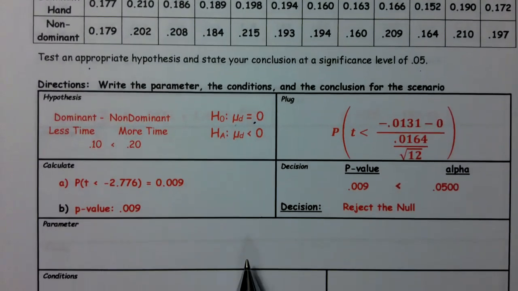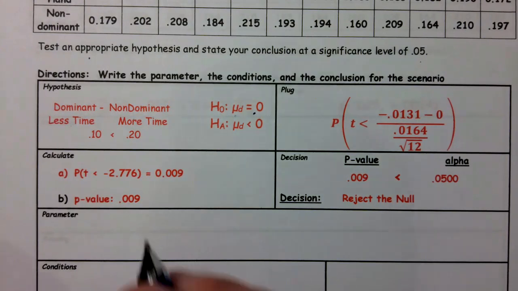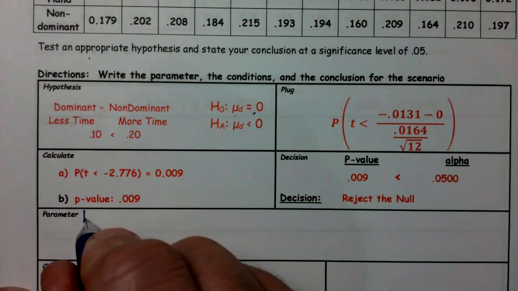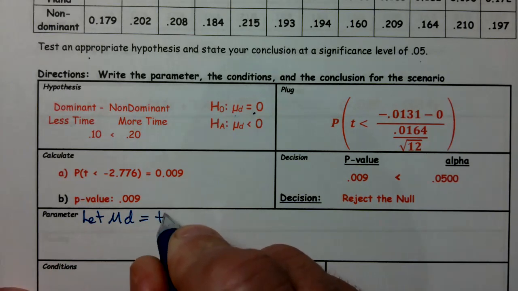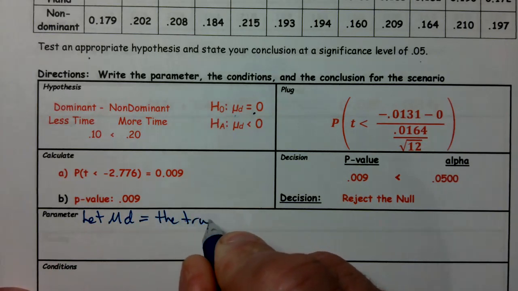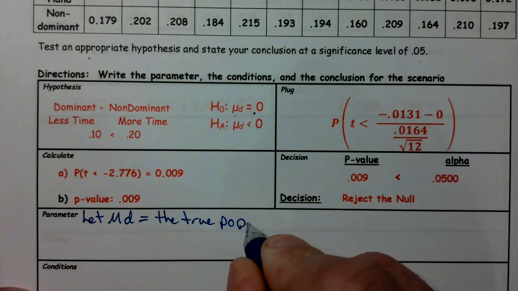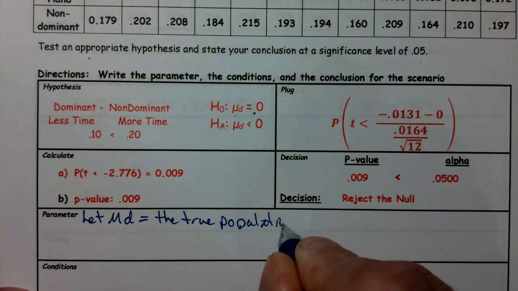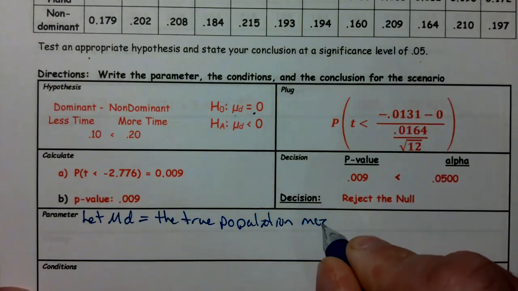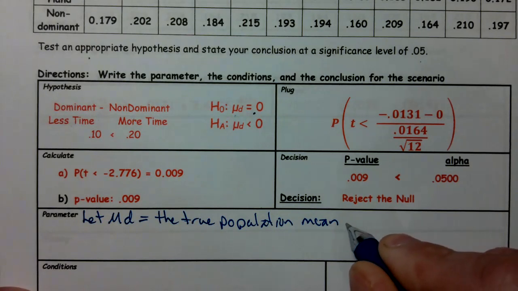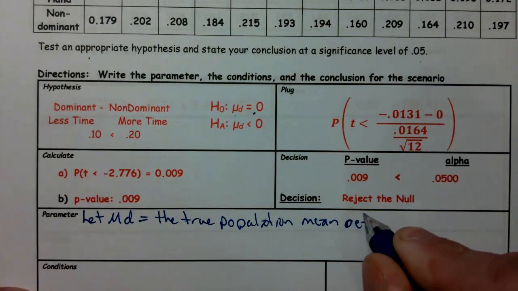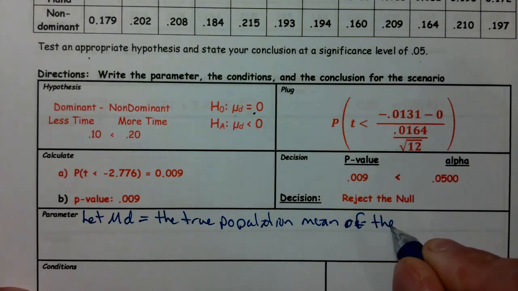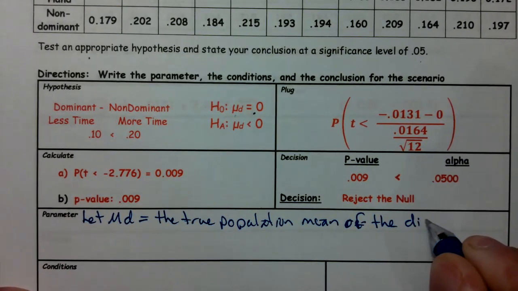So let's go ahead and write our parameter at this point. Let mu d equal the true population mean. We're interested in reaction time. Oh, mean of the differences. And why did we say differences?